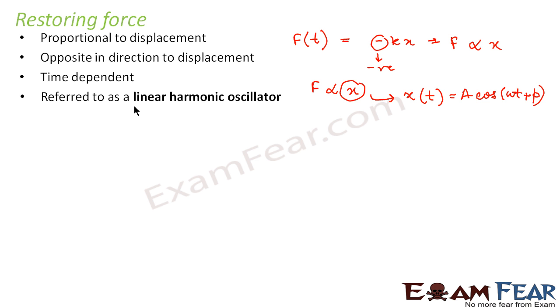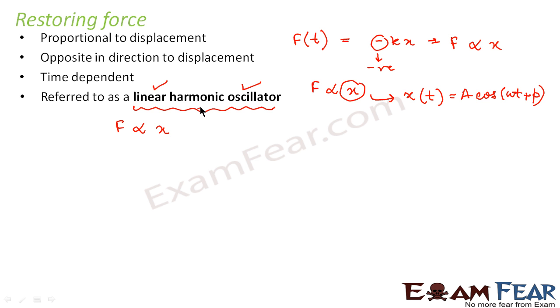It is referred to as a linear harmonic oscillator, since force is proportional to the linear power of x, and also it represents an oscillatory motion. Something which oscillates is called an oscillator, right? Since it depends on the linear power of x, it is called linear.